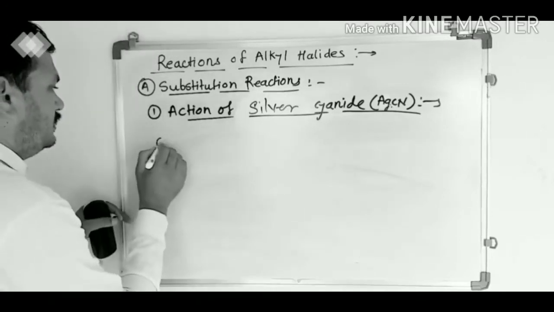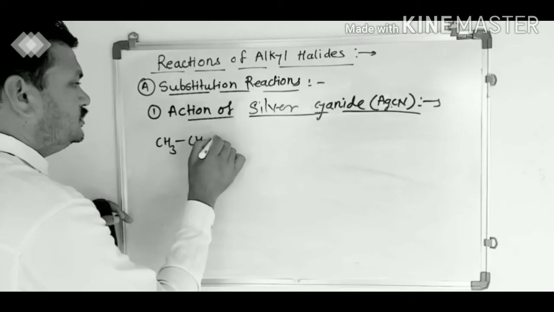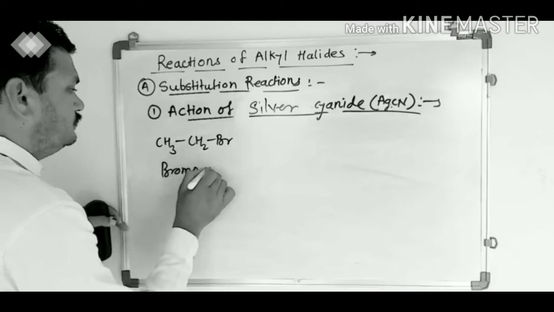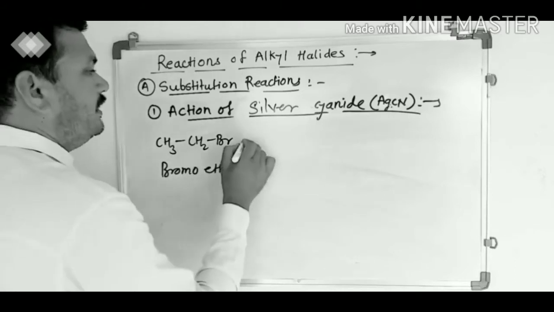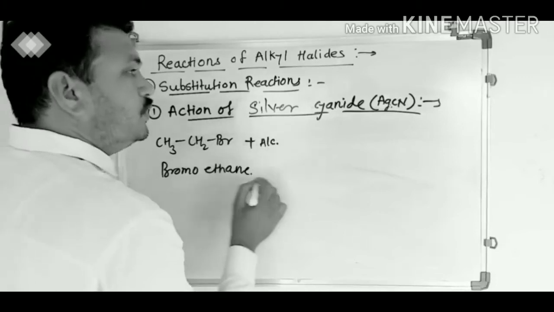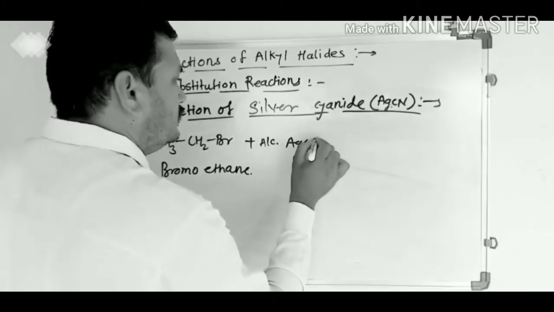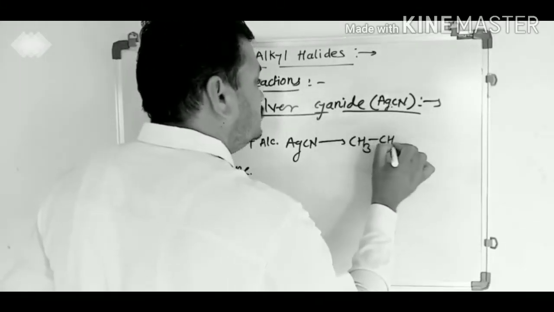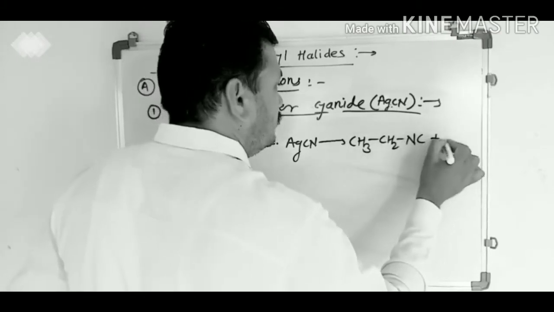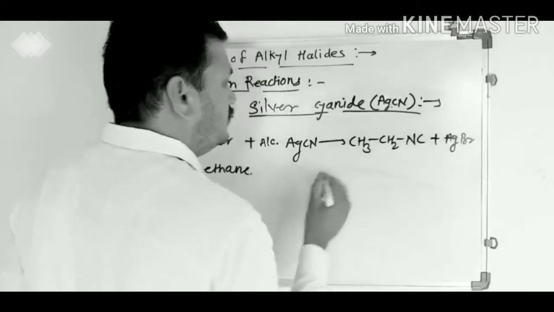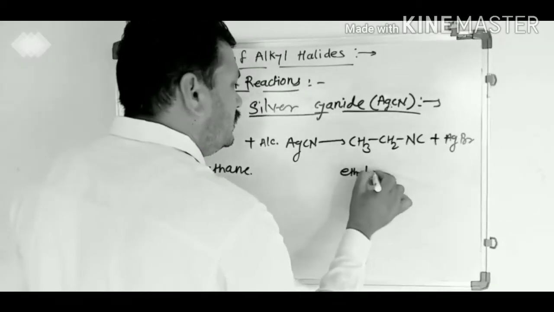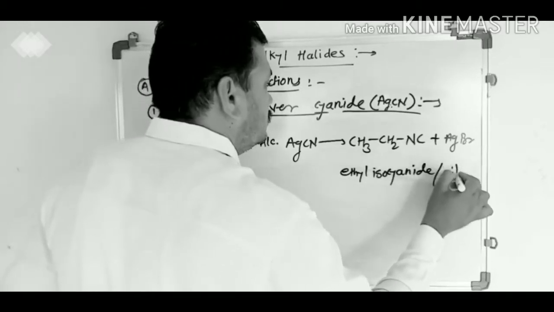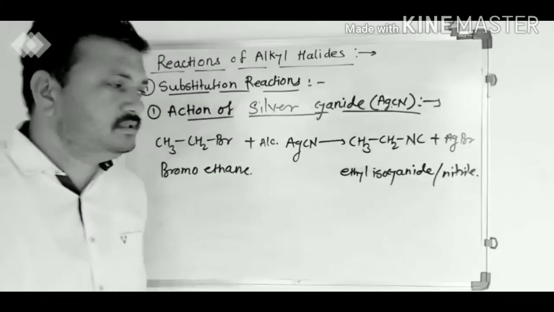Like this, CH3CH2Br, any alkyl halide, bromoethane, when treated with alcoholic solution of silver cyanide, gives formation of CH3CH2NC plus AgBr. It is ethyl isocyanide or isonitrile.